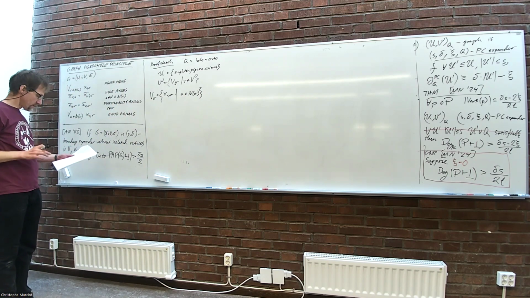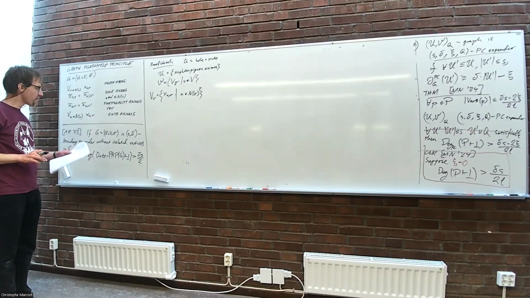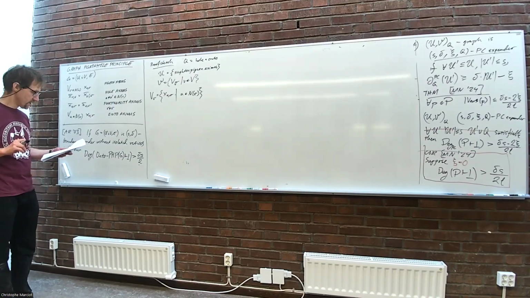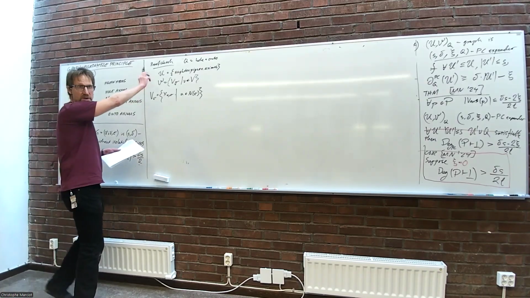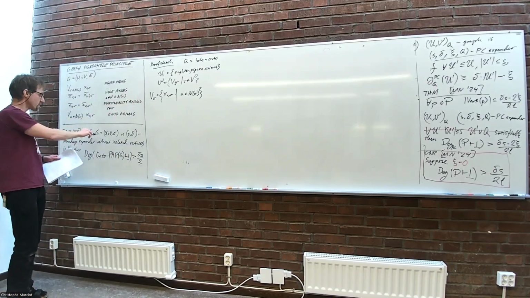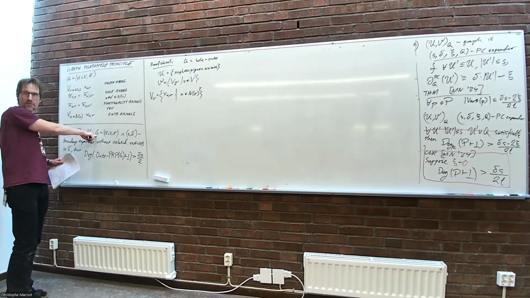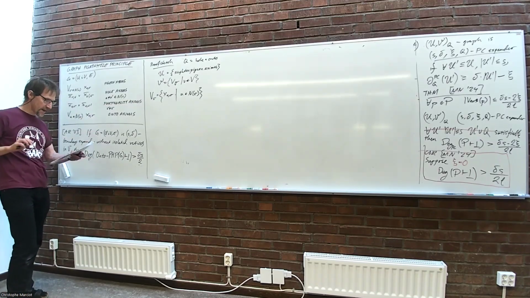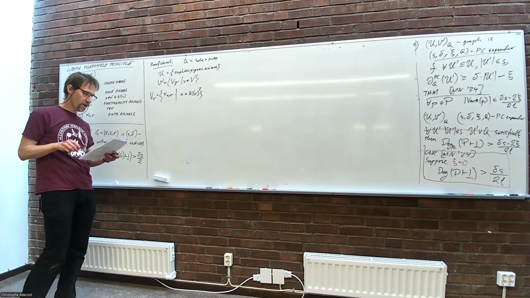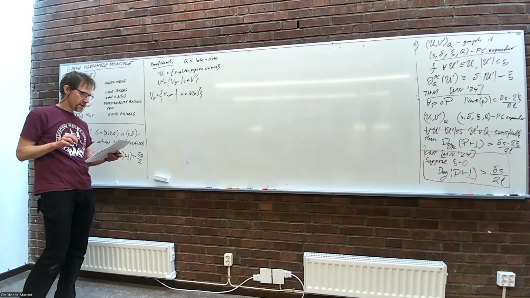And now I just claim that everything works. So the UVQ graph is going to be isomorphic to this graph, so it will inherit the same expansion parameters.